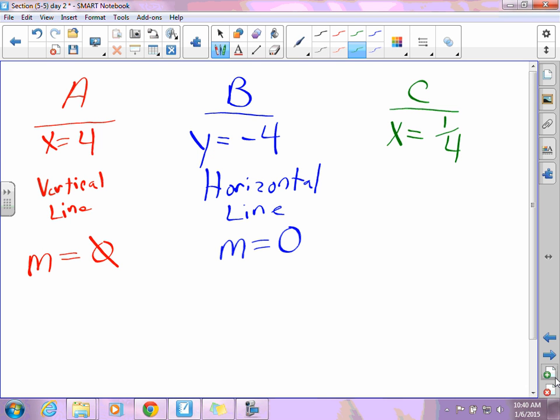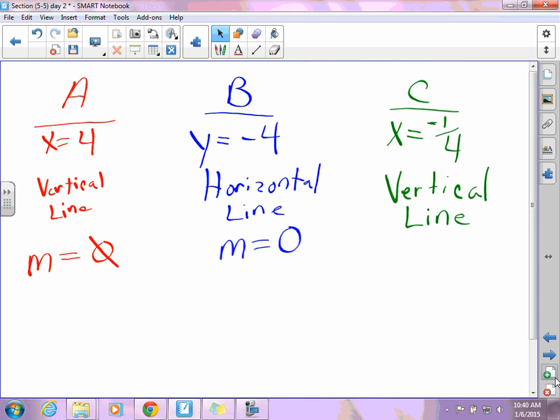Okay. Now, let's talk. Which lines are parallel? Okay, some people say none, some people say B and C. The people that say B and C, you said this slope would be undefined, right? Because it's a vertical line.